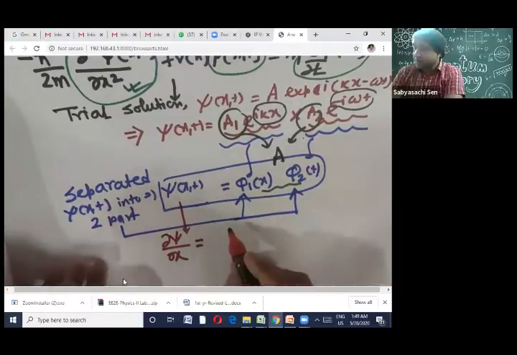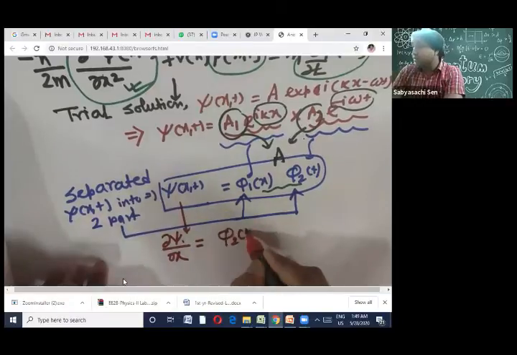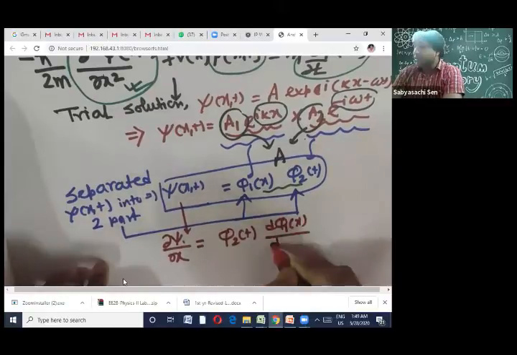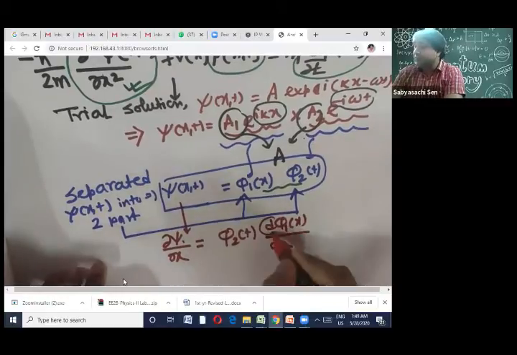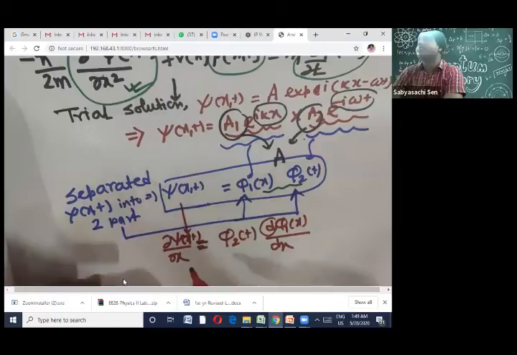If you differentiate partially with respect to x, phi 2 will be constant and it will be d phi 1 dx. This is now an exact derivative because phi 1 is a function of one variable, and this was partial because psi was a function of two variables.